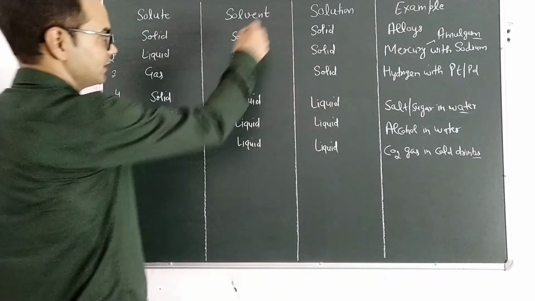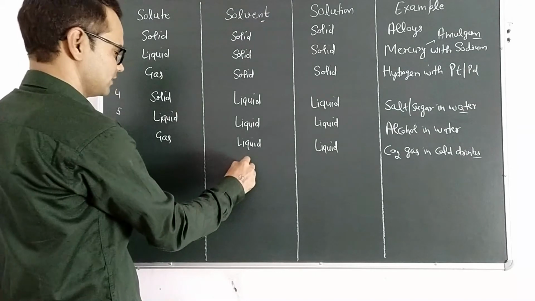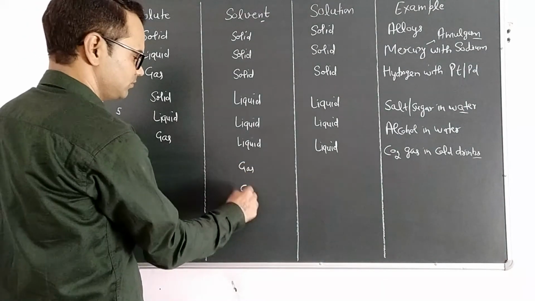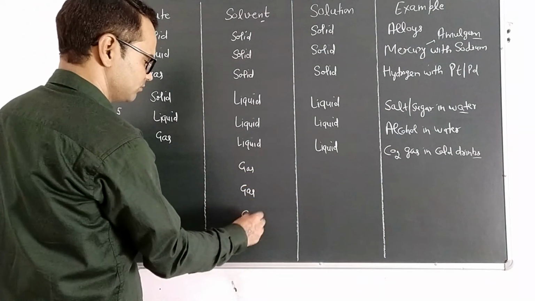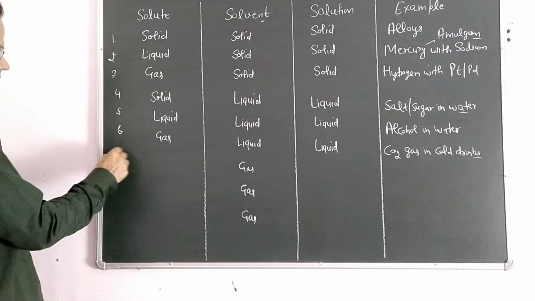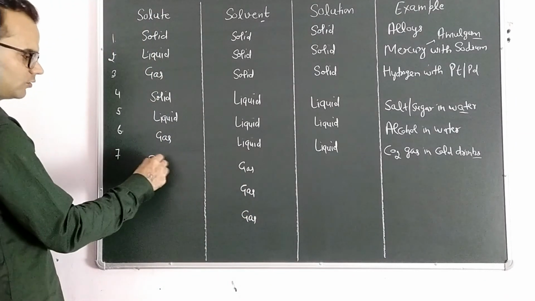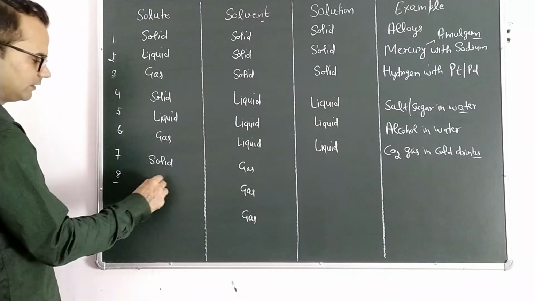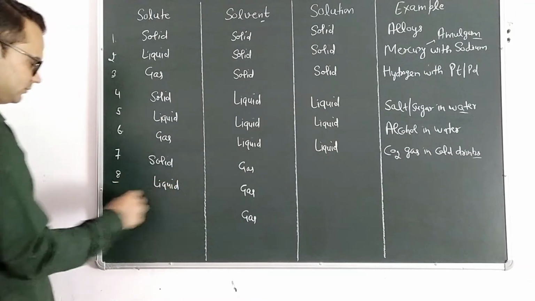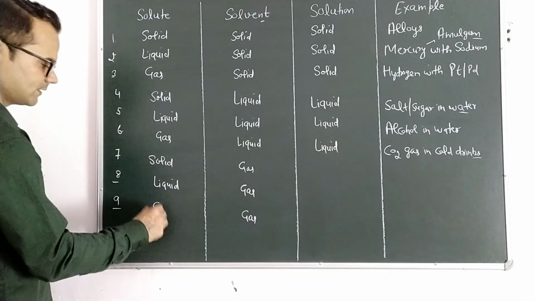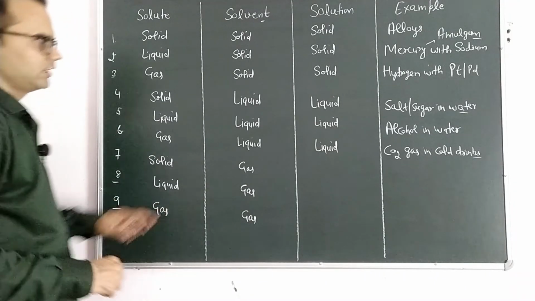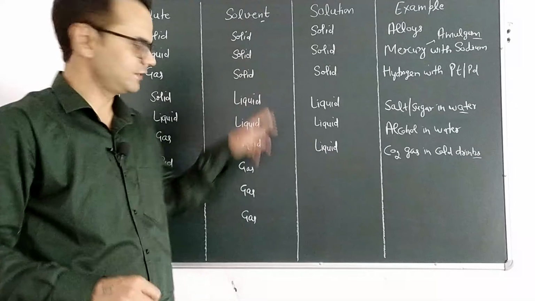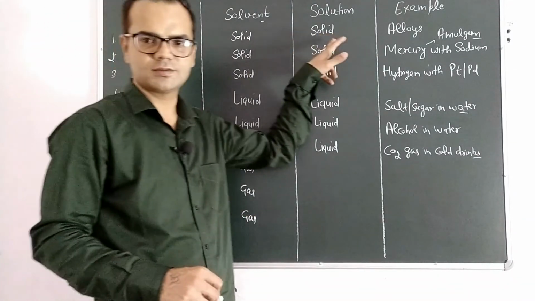Now we will change the solvent to gas. Solution of solid in gas, solution of liquid in gas, and the last is gas in gas. Again, solvent physical state will decide the solution physical state.